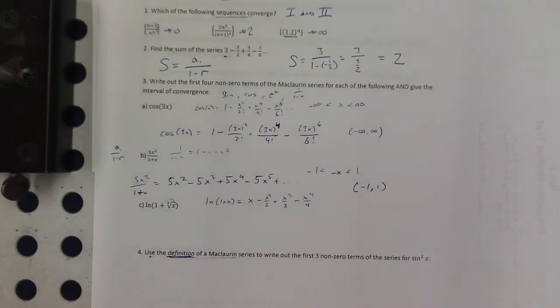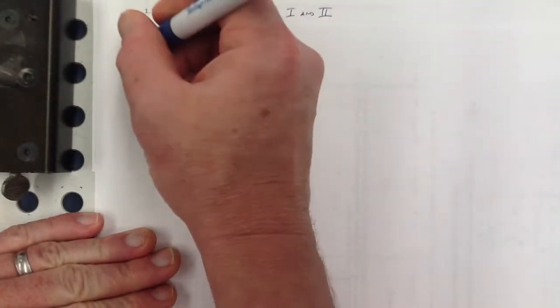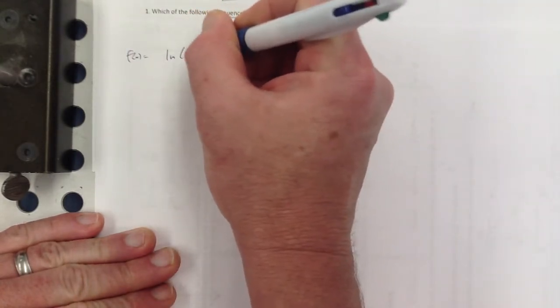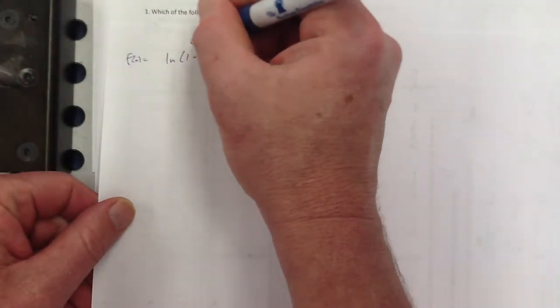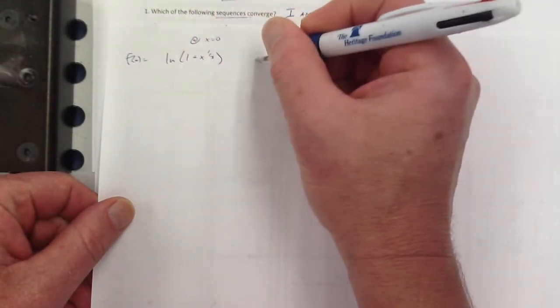So that means I would actually have to find natural log, this is my f of x, 1 plus x to the 1/3. And we're finding the series for this at x equals 0.